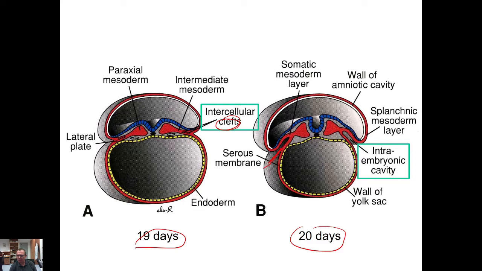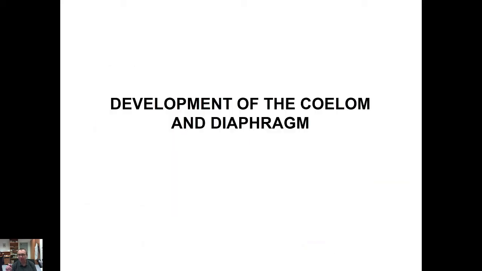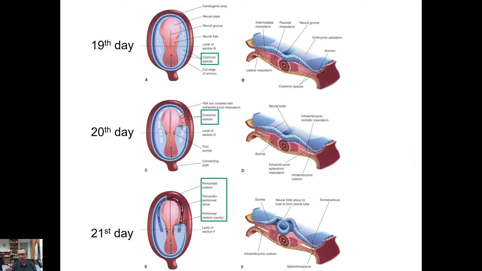So there's this connection, this junction. This junction is found laterally, but our coelom is developing also cranially here in cardiogenic area, because lateral mesoderm was migrating during gastrulation here as well.